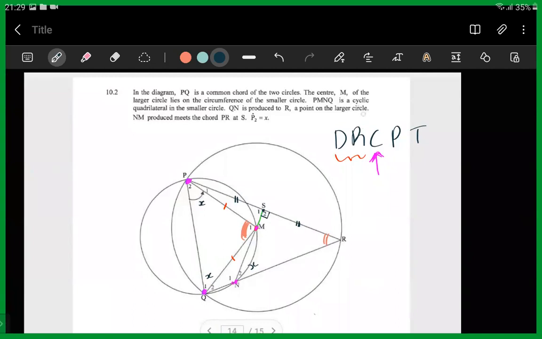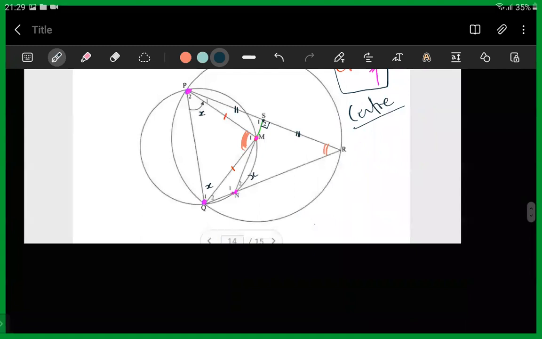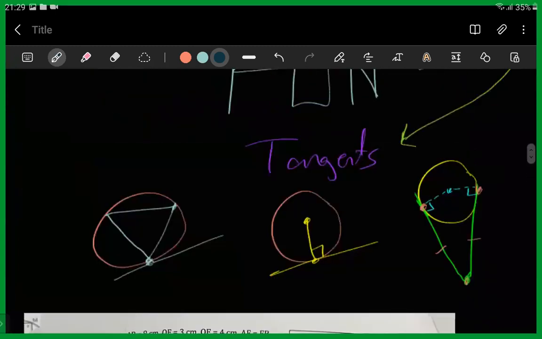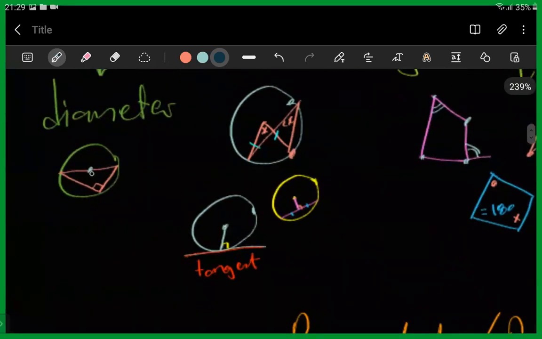And it looks like everything came from these three. From diameter, we don't have, but we focused on the center. Radius we have, and it's all coming from the center. Cyclic quad's fine. But then everything about this center, when we deal with Dr. Kaplan, the moment we spot a center, we should go through these three theorems. This has a center, this also has a center.